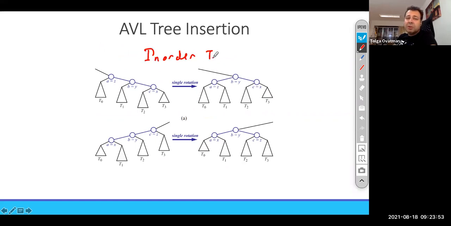So in-order traversal would not be changed when you make the rotation, but the tree is more balanced. Because if you look at this one now, the difference between T0 and T1 is at most 1. The difference between T2 and T3 is at most 1. So since you add the same numbers to here, then the maximum numbers should be at most 1 different.